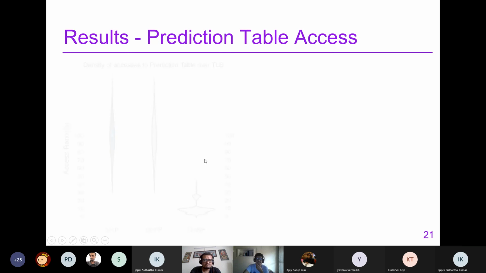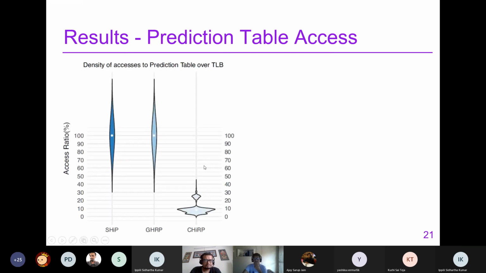These are shown for prediction table accesses. As we showed before, the prediction table was accessed only on a TLB hit for a new TLB access, or on a miss when LRU interfered. So it was much less than the other replacement policies, where the prediction tables were accessed on every TLB access, and also updated on every TLB access.